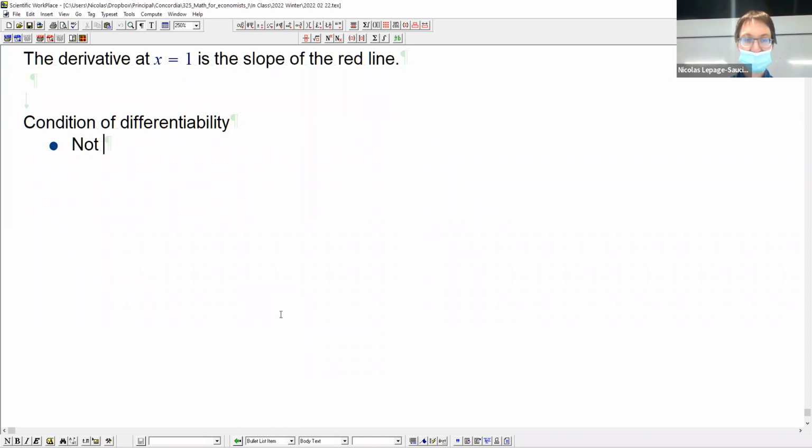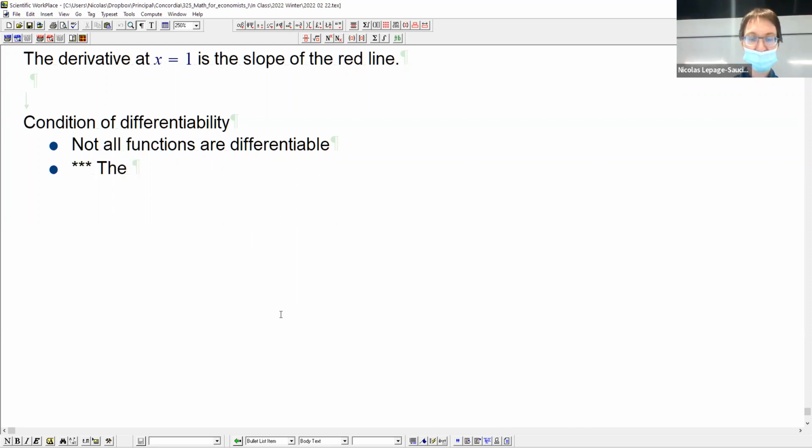So not all functions are differentiable. And so, when is a function differentiable?